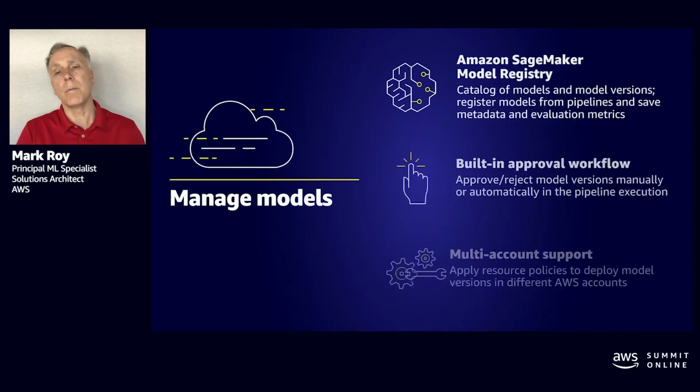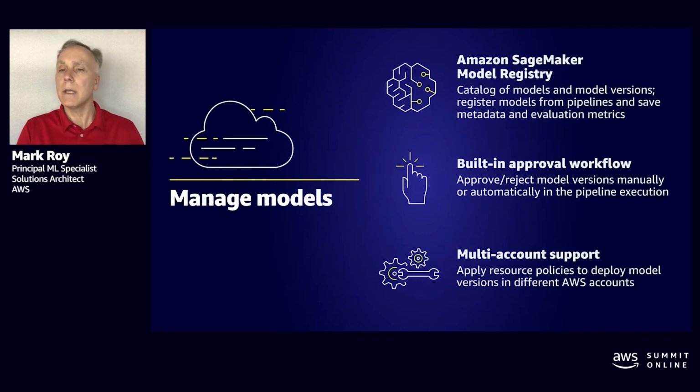Okay, moving on to managing models. Again, the SageMaker model registry gives you that complete catalog for managing hundreds or thousands of models across your company. For each model, you can manage any number of different versions of that, understand where each version is in a particular environment, get at all of the metadata associated with that model, as well as look at evaluation metrics.